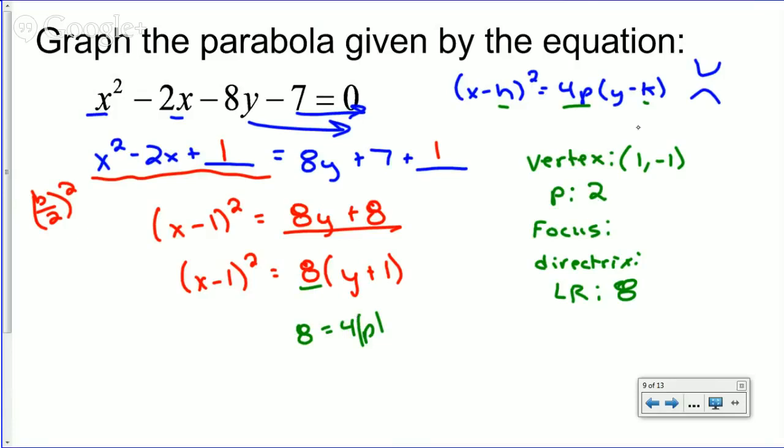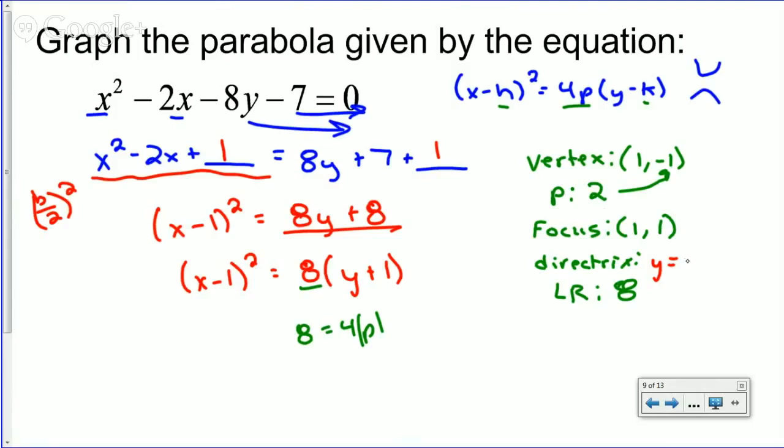Focus. So because it's opening up or down, we'll move our focus in the y direction. So we just take our P and add it to the y there. So I'll get 1, 1 for the focus. And the directrix in this case is y equals -p plus y.